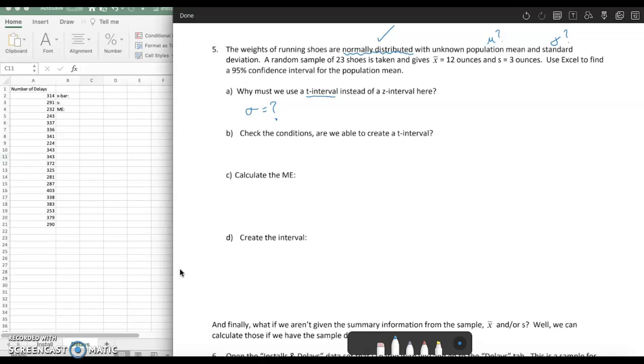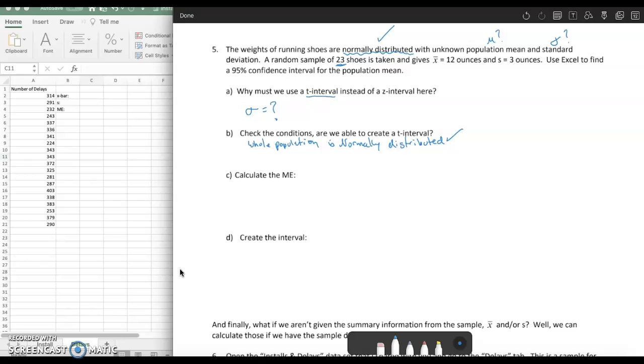As I was reading, I noticed the whole population is normally distributed, which gets it. Notice they don't take a sample of at least 30, but that's not needed unless you don't know about your population distribution. So we're covered with that.